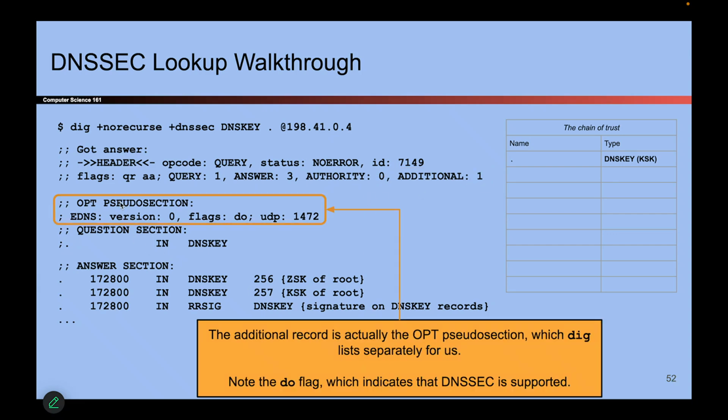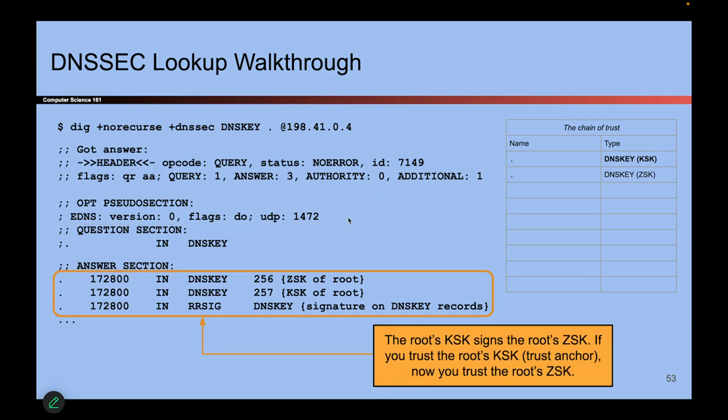Remember we said that for backwards compatibility, there is no space in the DNS header to put flags for DNSSEC. They just don't fit. So any additional flags have to go in an additional record. So all of this stuff in this pseudo section corresponds to that one additional record. So now you know. And we don't get an answer, but we do get the zone signing key of root.